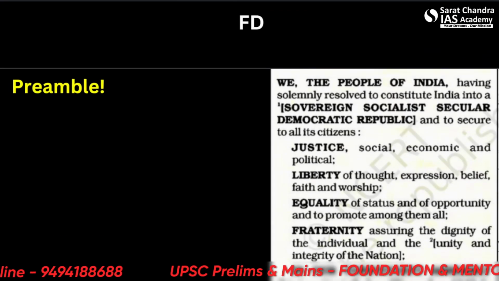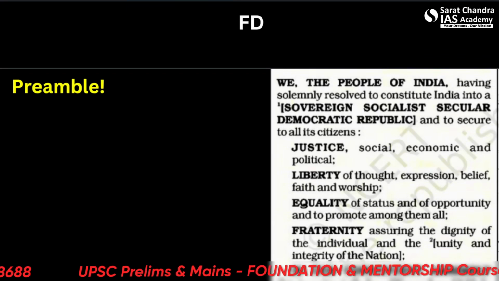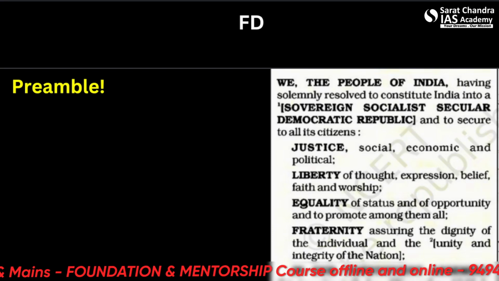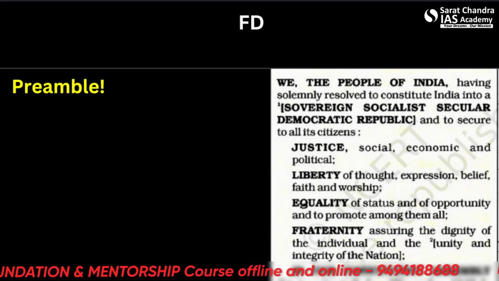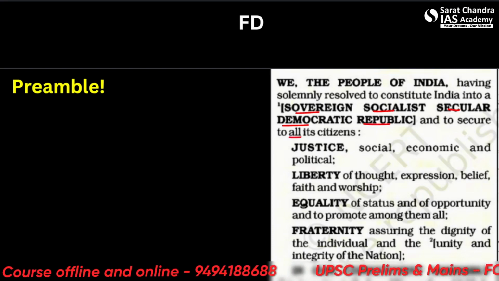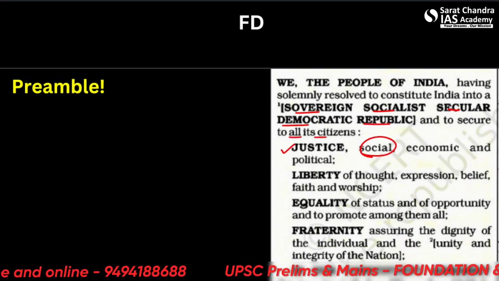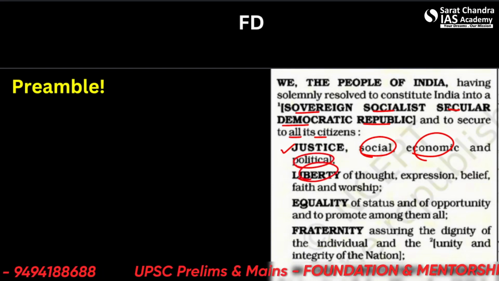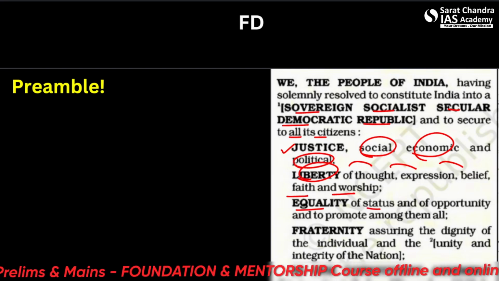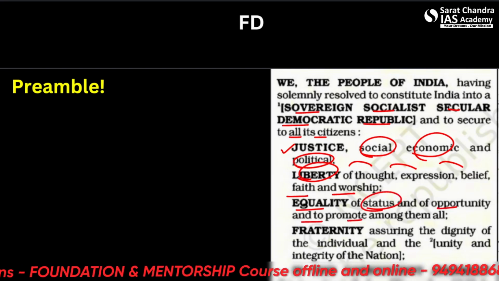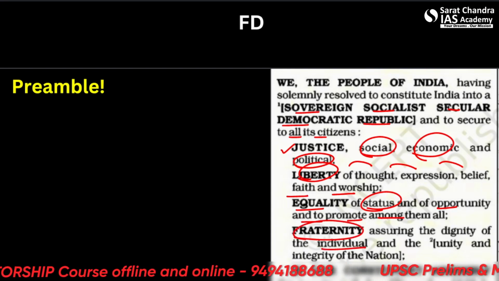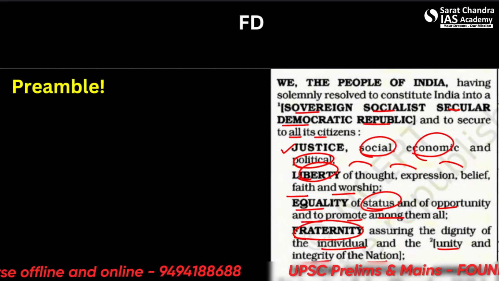Let's start with the preamble. The preamble reads, "We the people of India, having solemnly resolved to constitute India into a sovereign, socialist, secular, democratic republic, and to secure to all its citizens justice, social, economic, and political; liberty of thought, expression, belief, faith, and worship; equality of status and of opportunity; and to promote among them all fraternity, assuring the dignity of the individual and the unity and integrity of the nation.